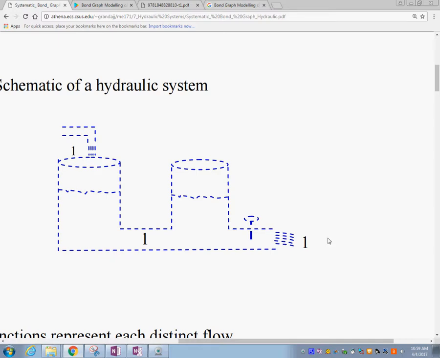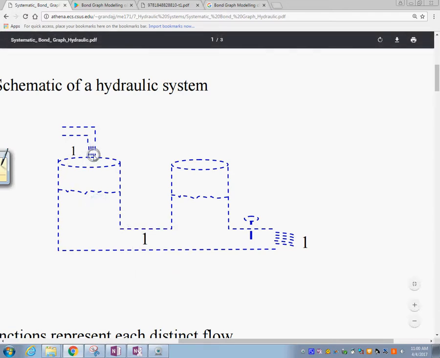That's the first step: just identify the distinct flows and put the one junction. So you can see you have identified this. This would be the flow out here, and the flow in the pipe between the tanks, and of course we have the input flow in here.